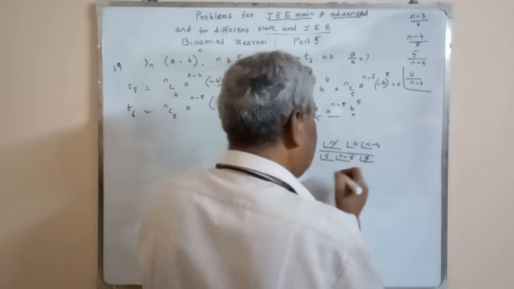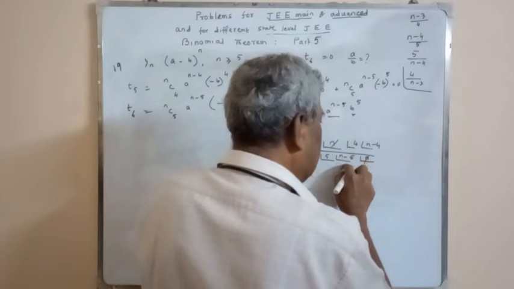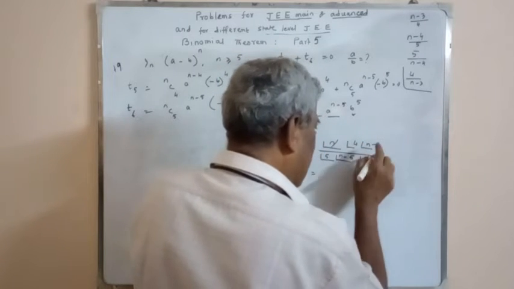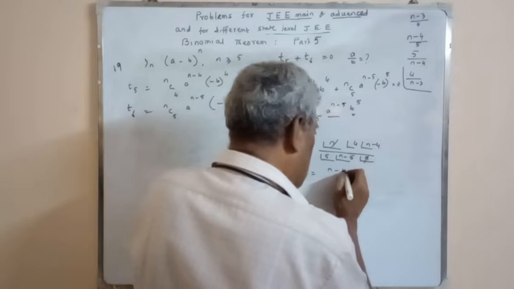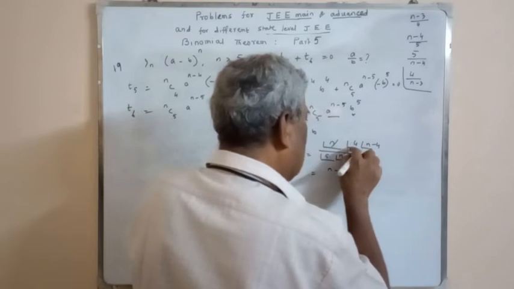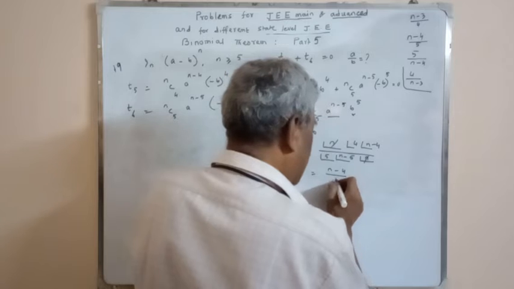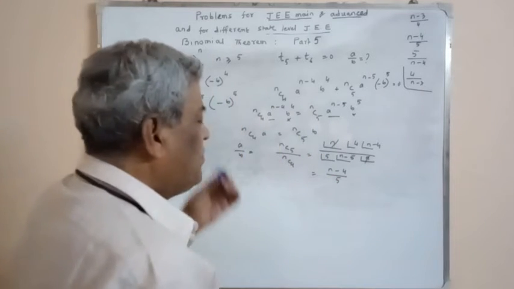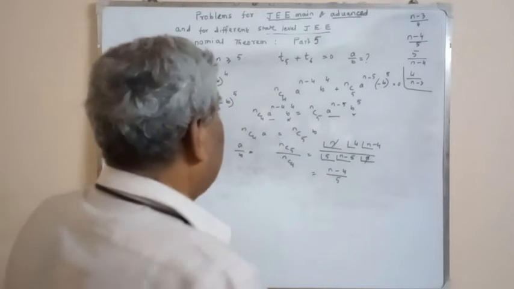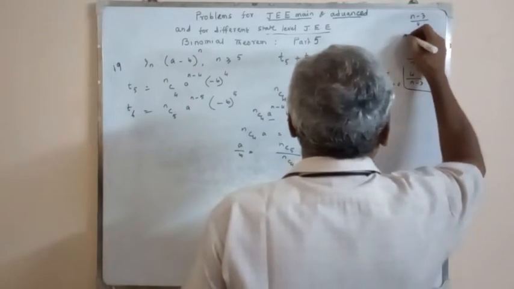This cancels. Between this and that, it is n minus 4 in the numerator, and between this and that, 5 is there. So a by b is (n minus 4) by 5. So the second option is correct.